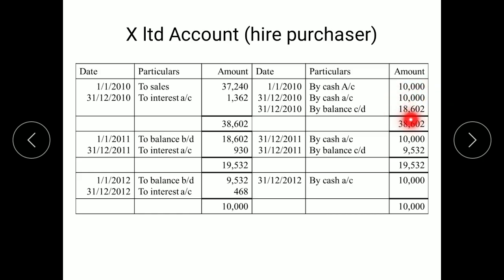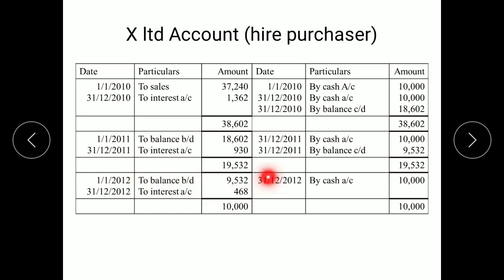So the balance in the first year is 18,602. In the second year he had to receive 18,602. To that again interest becomes due, 930. So total payment he needs to receive is 19,532. But in the second year how much is he receiving? The installment amount 10,000. Again balance remains 9,532.